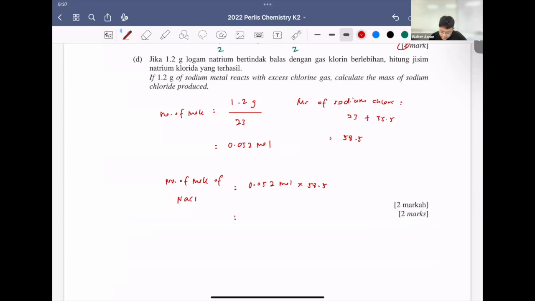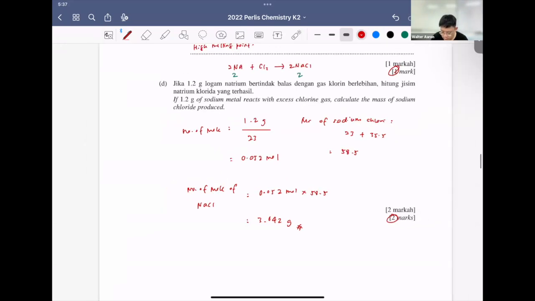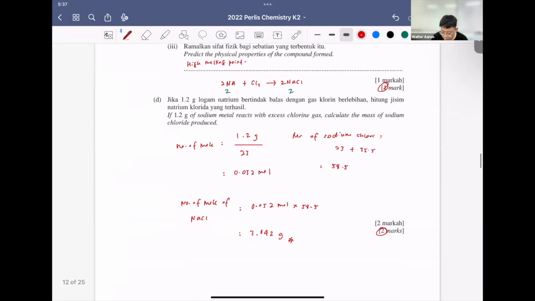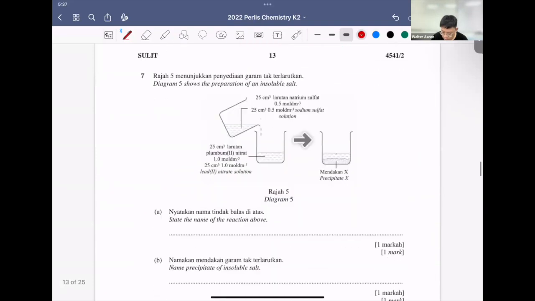So then it will be technically 3.042 grams. Right? So this is pretty simple. If you measure correctly and calculate correctly, you should be able to get 2 marks from this particular question. So that's for D. Okay, let's move on to the next question.